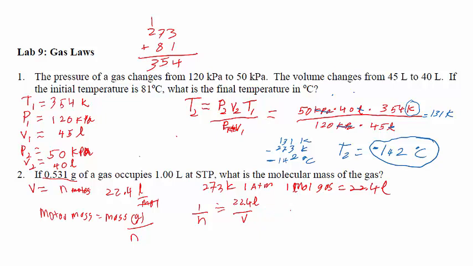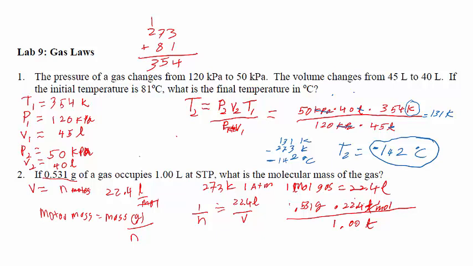So we take 0.531 grams times 22.4 liters per mole divided by 1.00 liters. Now liters cancels with liters, and you end up with grams per mole, which is the units of molar mass.